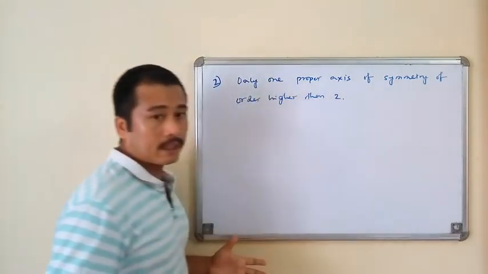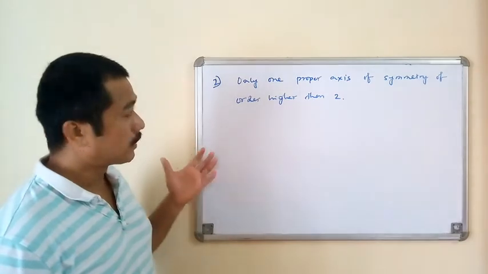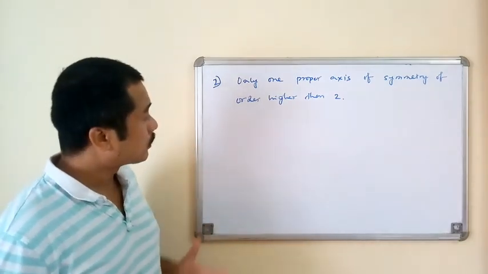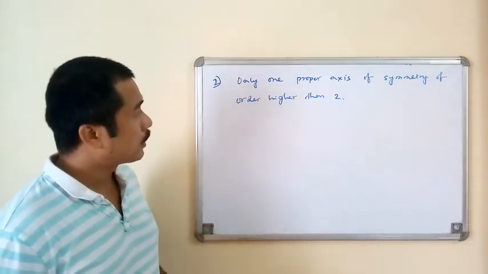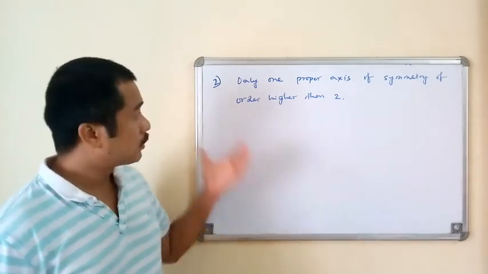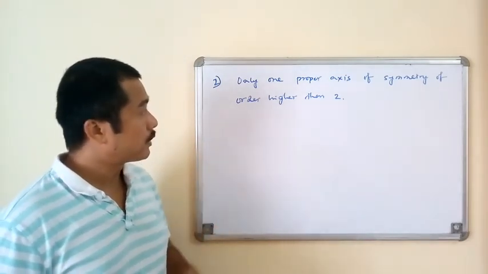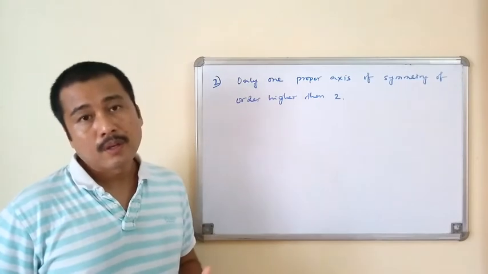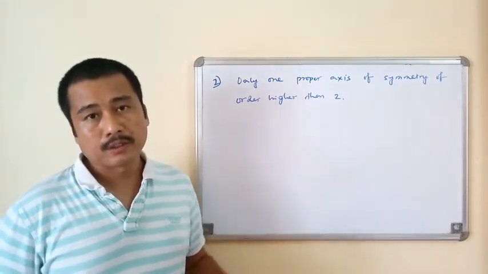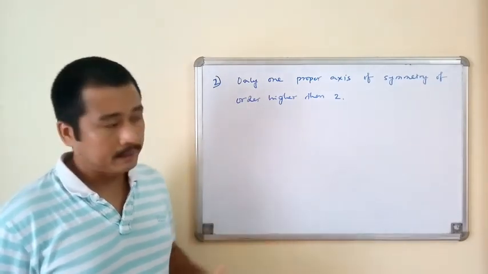So this is the second category of molecules that we are going to discuss, and what we are going to see is how the combination of different symmetry elements with a proper axis of symmetry of order higher than 2 forms different kinds of molecular point groups in this case.